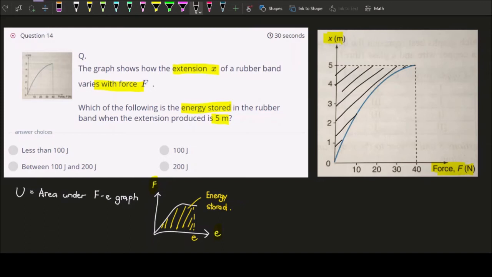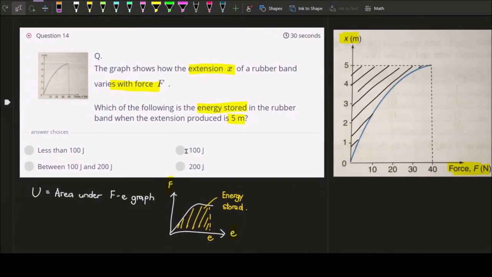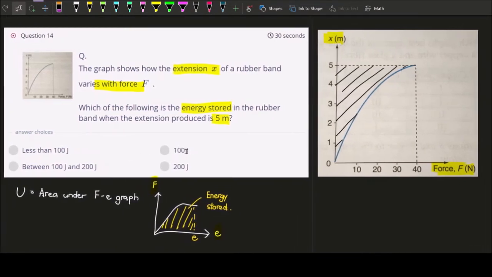So we can't get the exact answer. But if you look over here, they are not expecting an exact value either. They're expecting you to give a range: less than 100 joule, between 100 and 200, or somewhere at 100 or 200 sharp. So you have the opportunity to give an answer within a range.